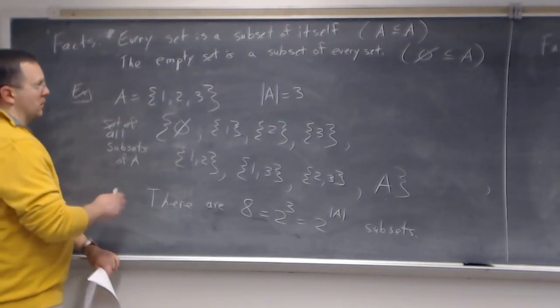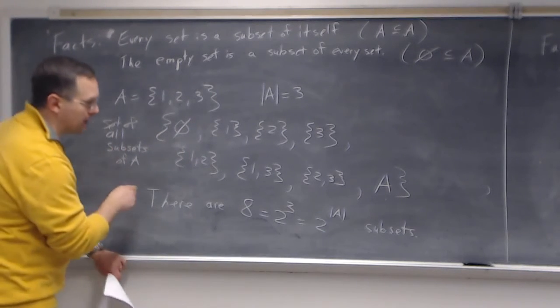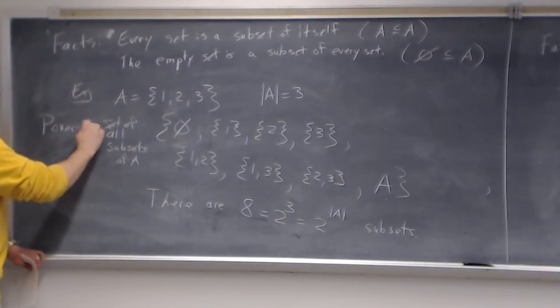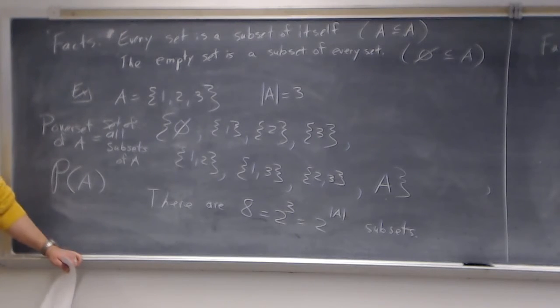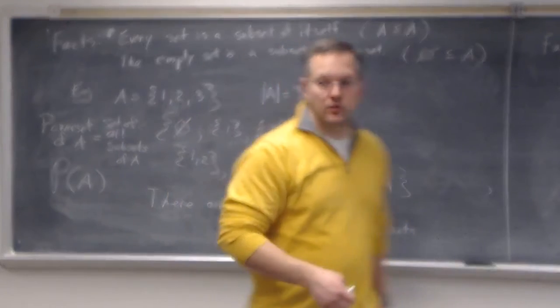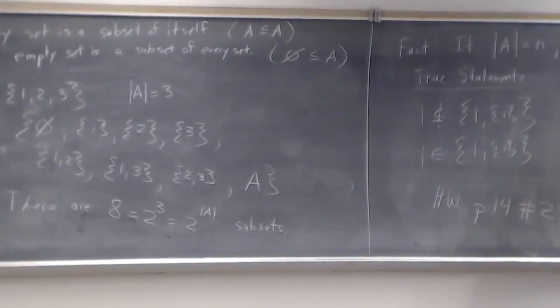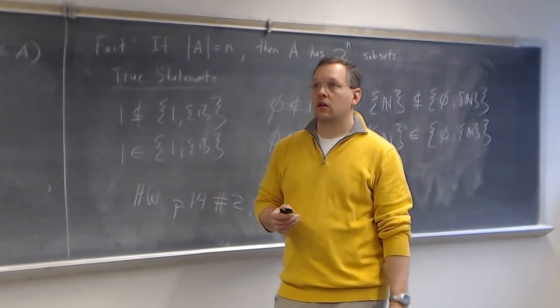So now the elements of this set are sets. In particular, they're subsets of A. This is called the power set of A. Notation is like a cursive P. It kind of looks like function notation, P of A. So that's notation for the power set of A. This is another common object used in set theory.